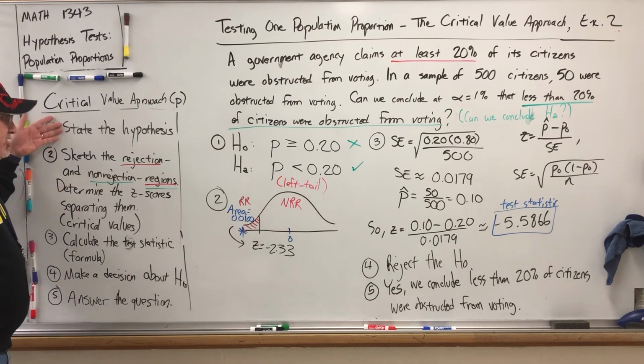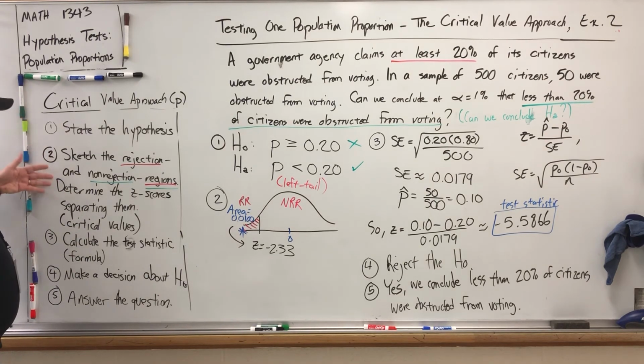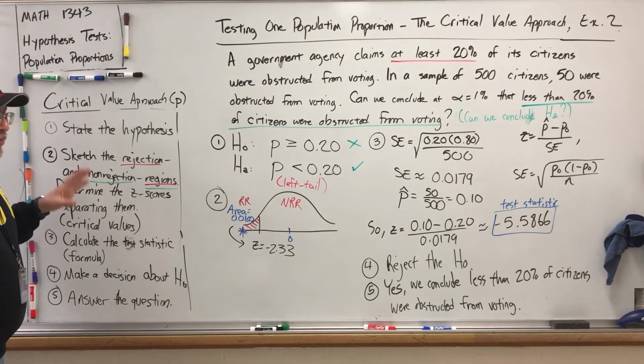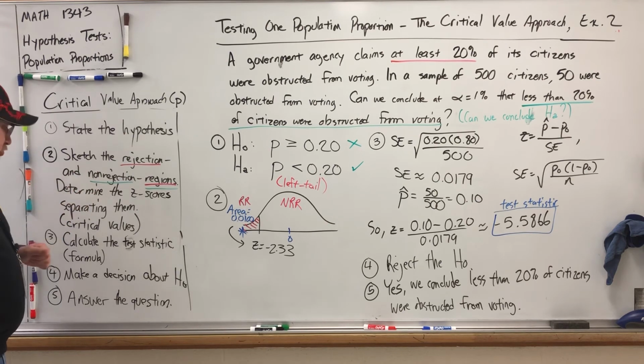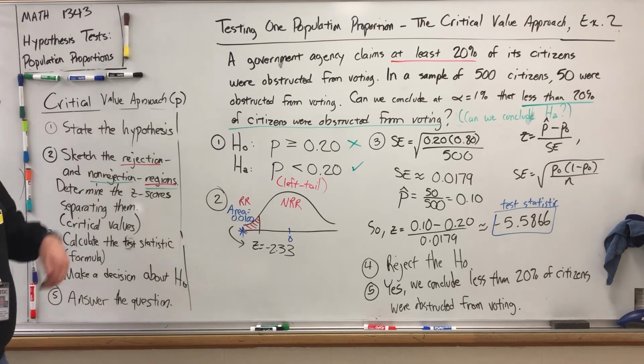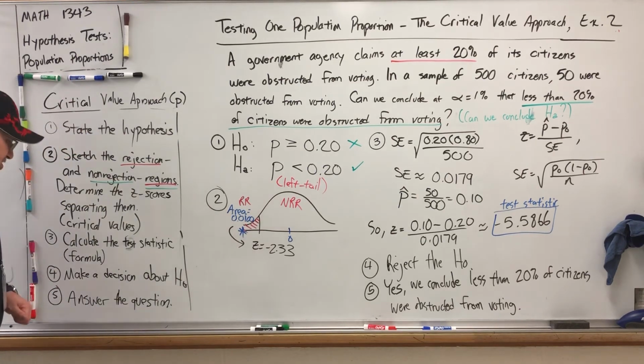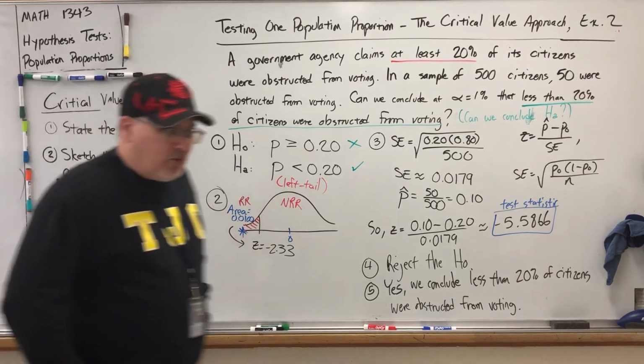State the hypotheses. Alternative will help us to sketch the regions and determine the critical values that separate them, keeping in mind that the significance level represents the total area of the rejection regions. Step 3 is to just convert our sample into something comparable to the critical value so that we can make a decision in step 4, and then finally answer the question.